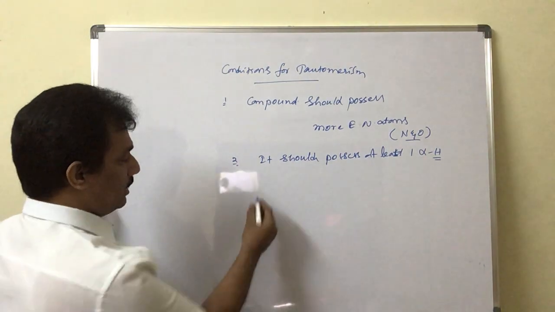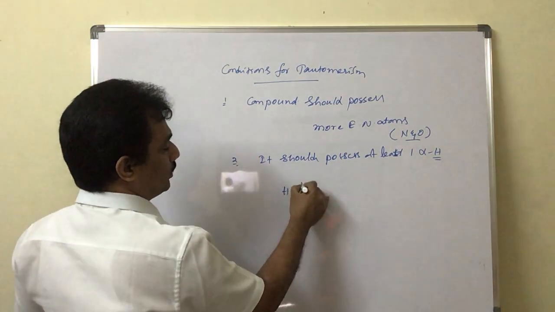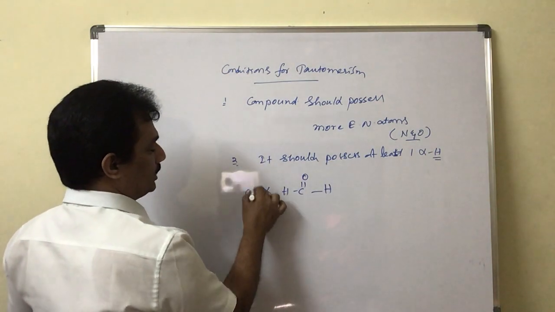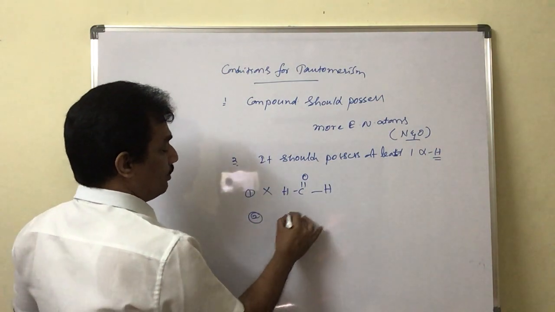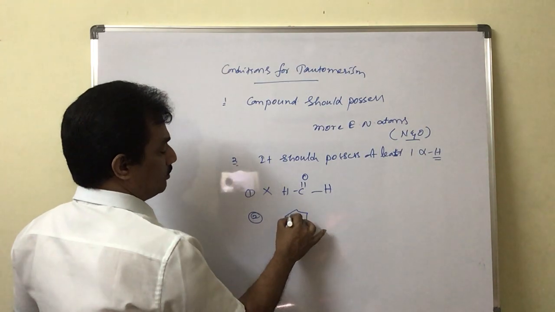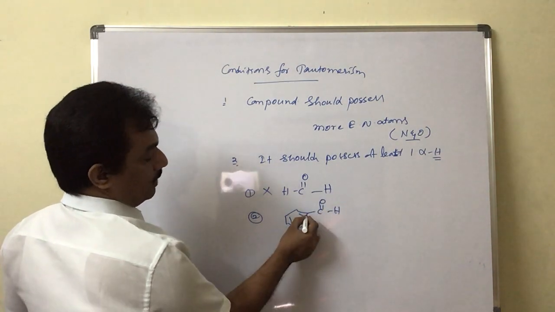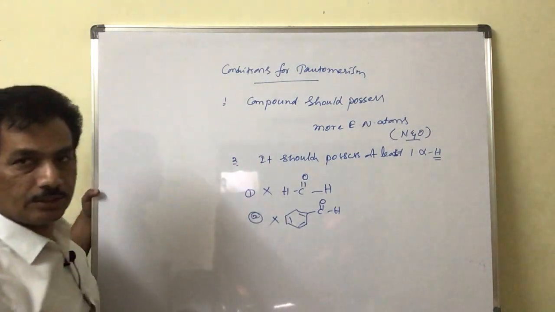So that is the reason why we can't expect any tautomerism in formaldehyde. Here it is not possible. Next, in benzaldehyde also, you can observe there is no alpha hydrogen, and hence it is unable to exhibit tautomerism.